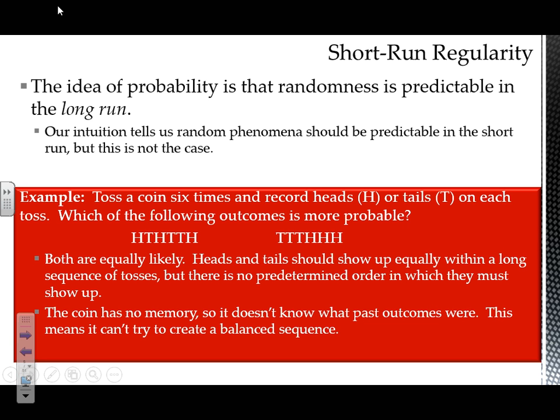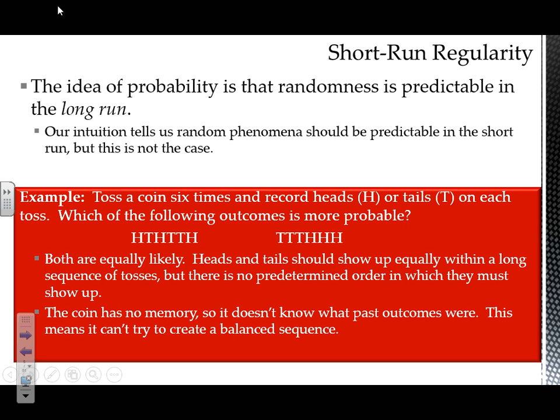Heads and tails should show up equally within a long sequence of tosses. But there's no predetermined order in which they must show up. So we don't have to have an equal split at every step of the way. So with this, since we had 3 heads and 3 tails in our 6 tosses, we can say that those probabilities are identical. Okay?